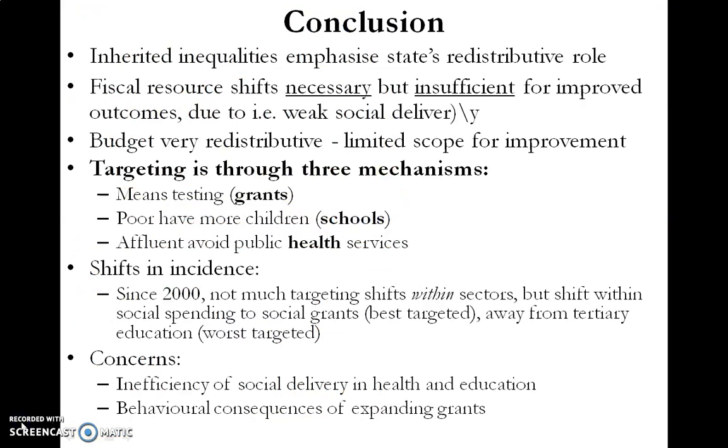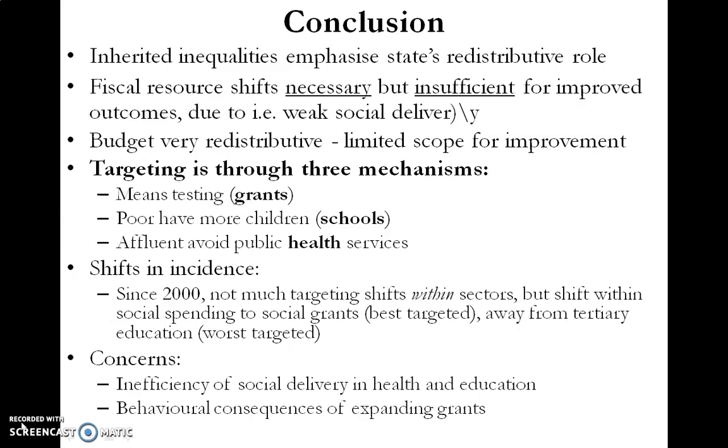So in conclusion, in the South African context, there are inherited inequalities, and this emphasizes the state's redistributive role. Fiscal resource shifts are necessary, but they are insufficient for improved outcomes due to weak social delivery.